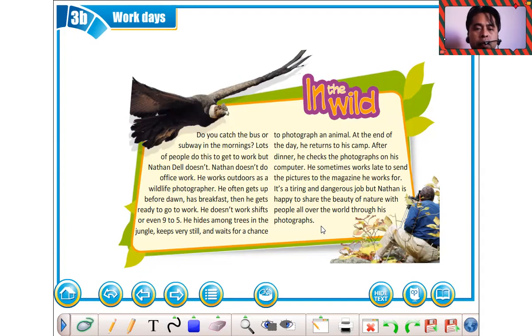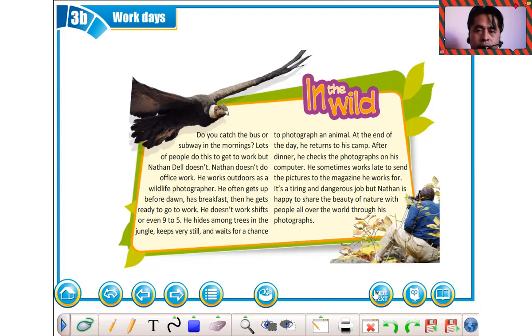He hides among trees in the jungle, keeps very still, and waits for a chance to photograph an animal. At the end of the day, he returns to his camp. After dinner, he checks the photographs on his computer. He sometimes works late to send the pictures to the magazine he works for. It's a tiring and dangerous job, but Nathan is happy to share the beauty of nature with people all over the world through his photographs.